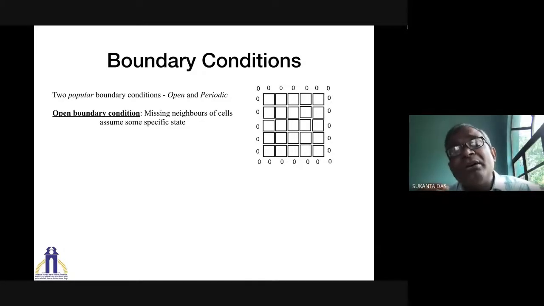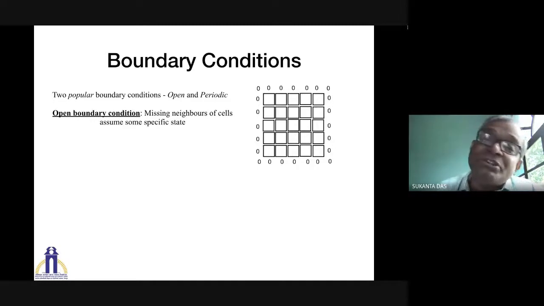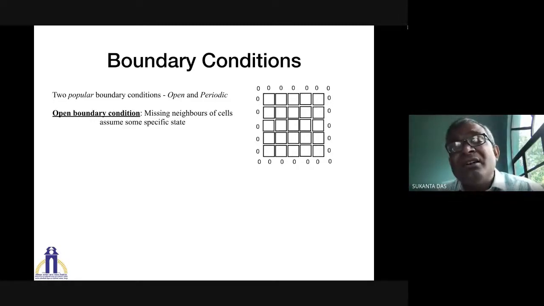So now when it finds its next configuration, next state, it has to consider the states of its neighbors, but not all neighbors are present. Then how can it work? Under this condition, it assumes that the missing neighbors exist, and it assumes that their state is always 0.